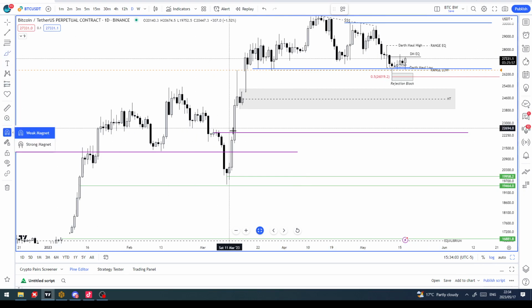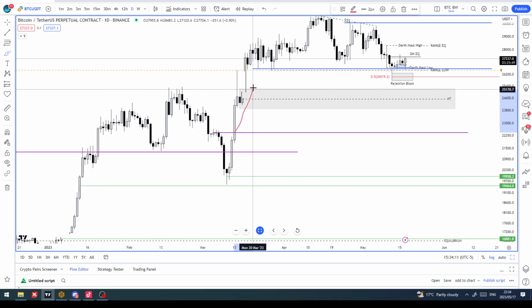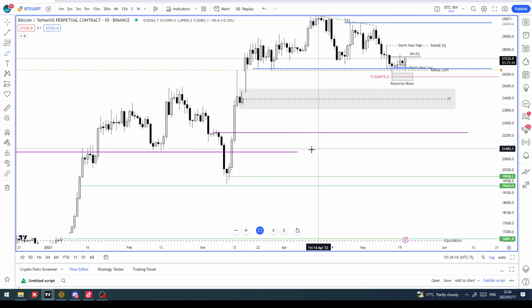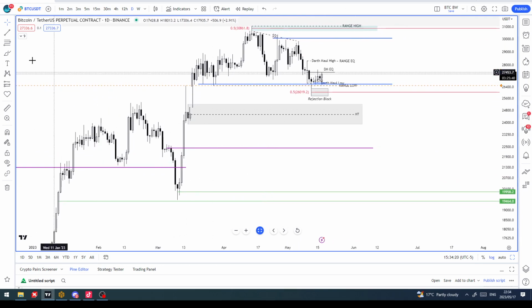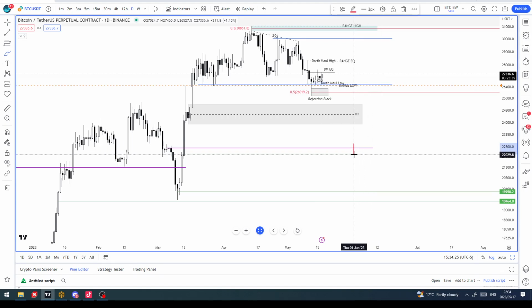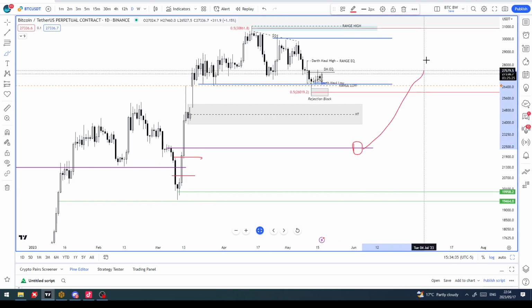Everything, and we're going to ignore what happened here, everything from here to here was mostly run on buy side, which means ideally we would like them to print a down candle body here in these FVGs or FVG here, and then move away.